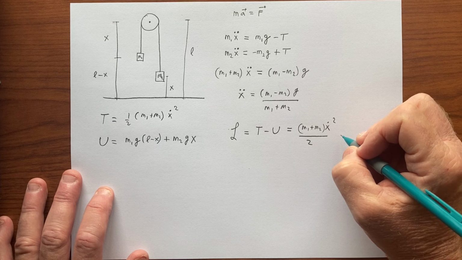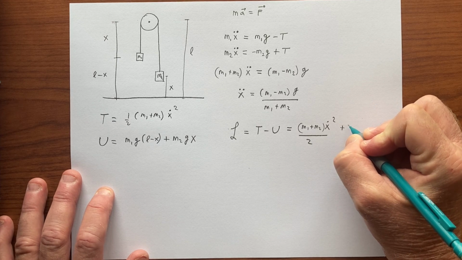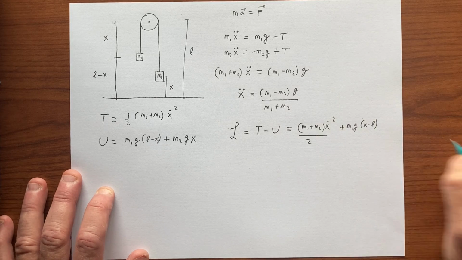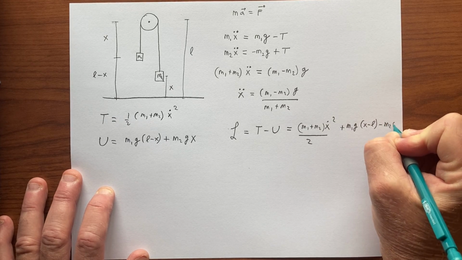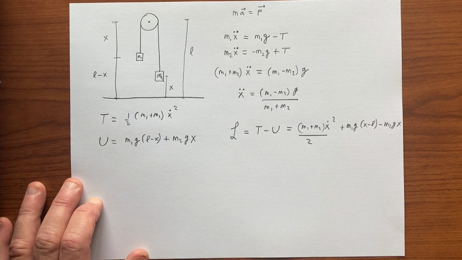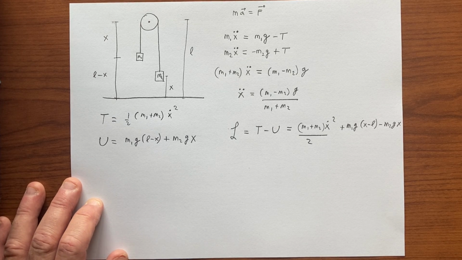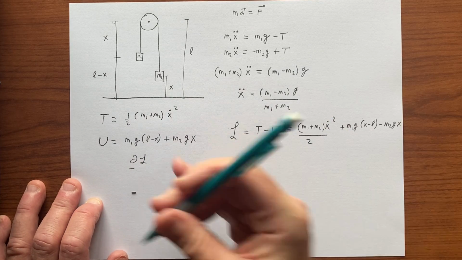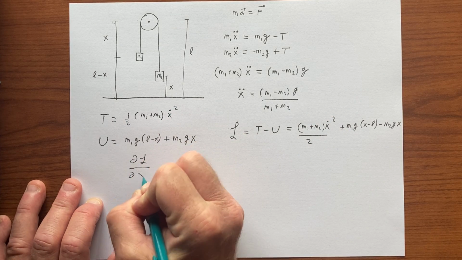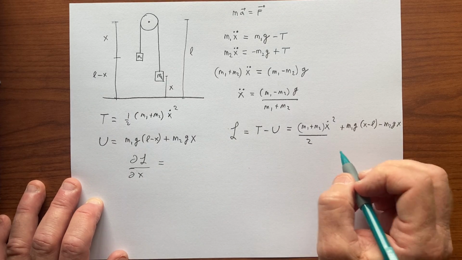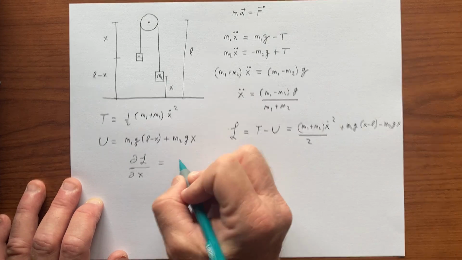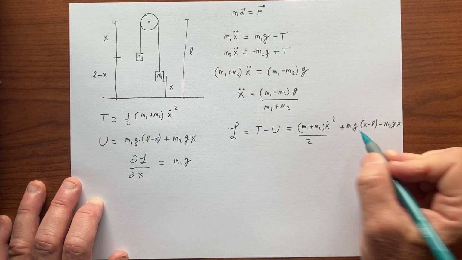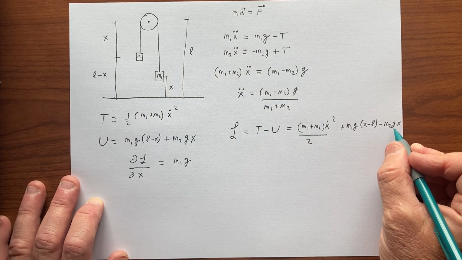We have a minus sign, so we can do plus m1g(x minus L) minus m2gx, and we can do now dL by dx, and that is m1g from this term, and then we have a minus m2g from this term.